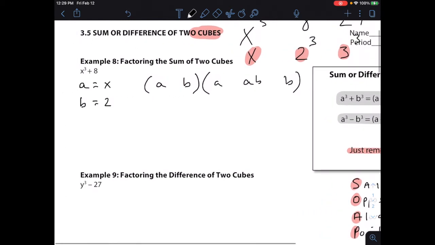Because we're going to look at the sign that's between the two terms in our original problem. In this case, it's a plus sign. And if it's a plus sign, that means my binomial is going to have the same sign. So I'm going to put a plus sign here.